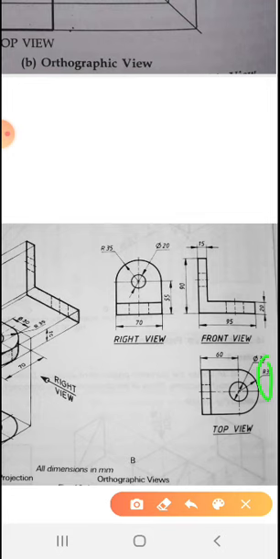The vertical plate of the bracket appears rectangular and is projected as a rectangle of thickness 15 mm and width 70 mm. And the diameter hole is invisible and is shown by dashed lines.